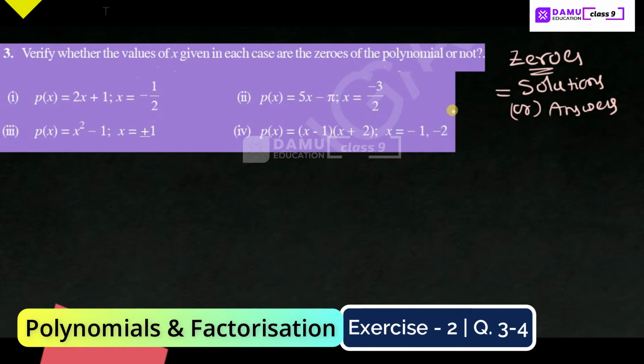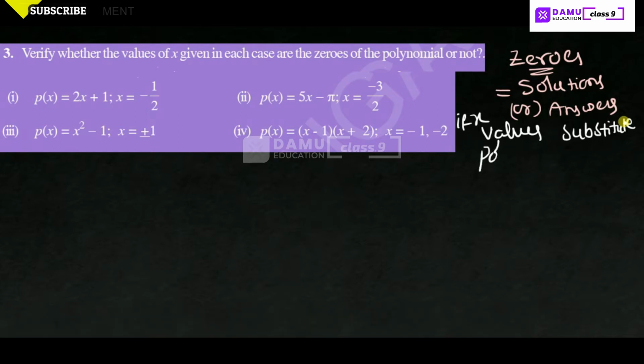If you substitute any x values in the given polynomial, then the polynomial will be equal to 0.